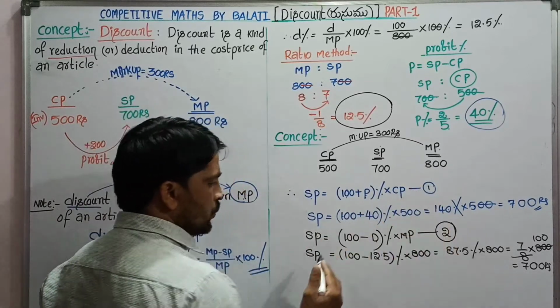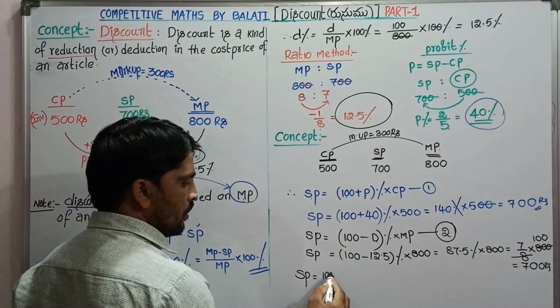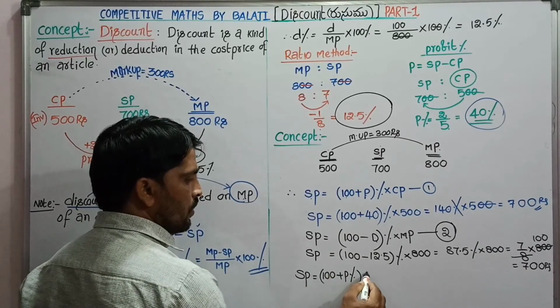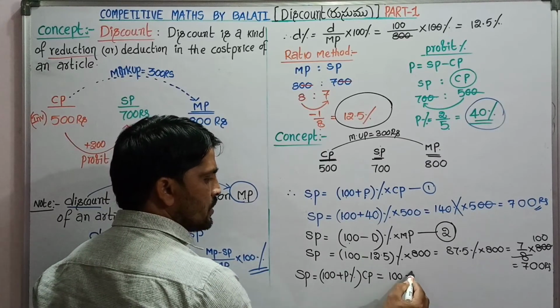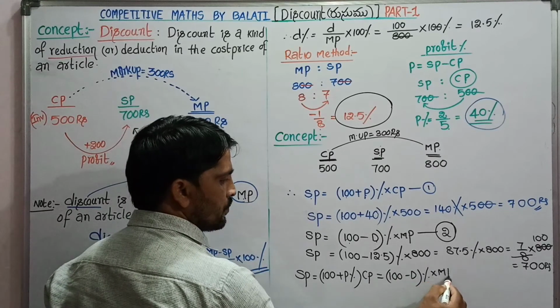From equation 1 and 2, SP is equal to 100 plus P percent of CP, which is equal to 100 minus D percent of MP.